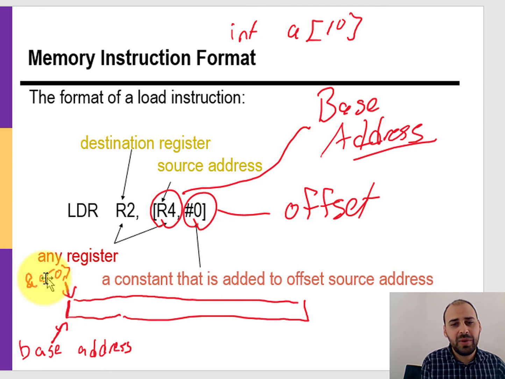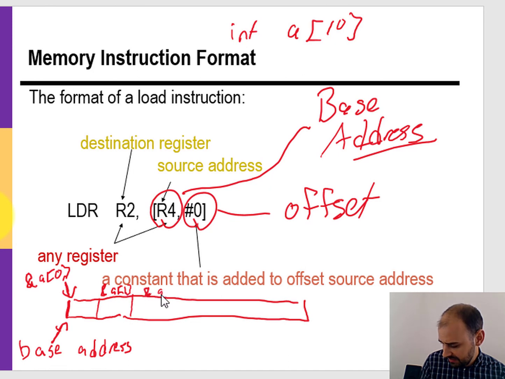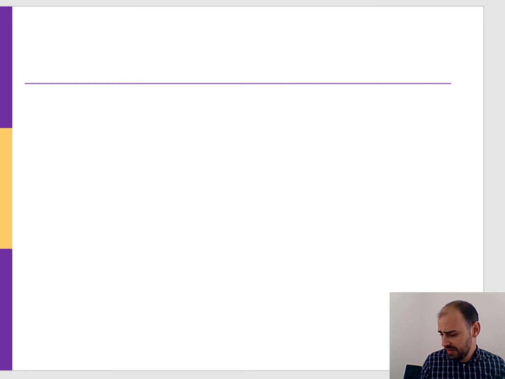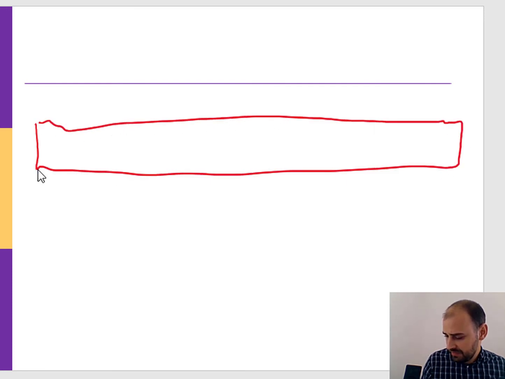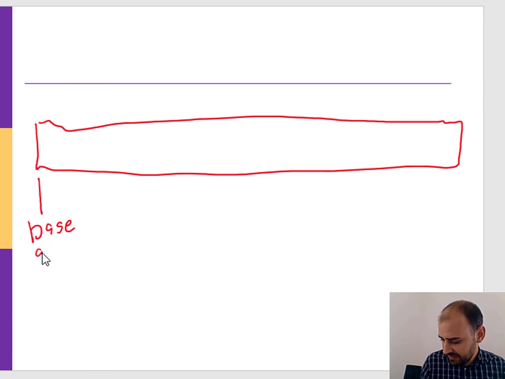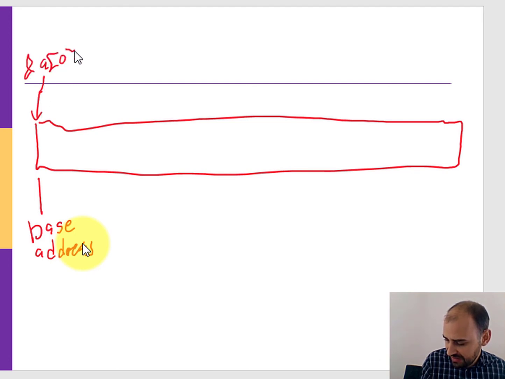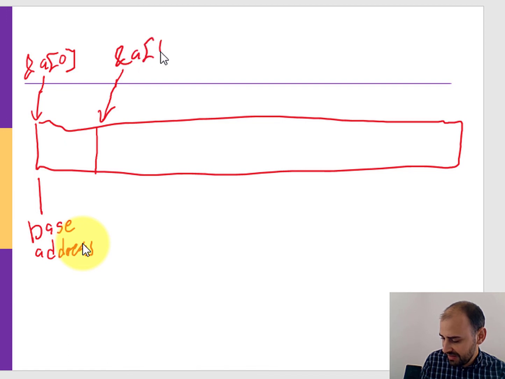If you remember the notation for pointers, the address of the first location in the array is the base address. The numbers are sequential. So if this is our base address, which is effectively the address of A0, then the next location is the address of A1.